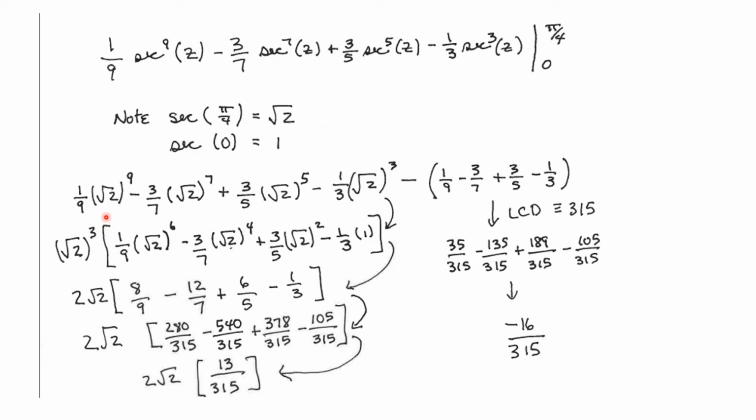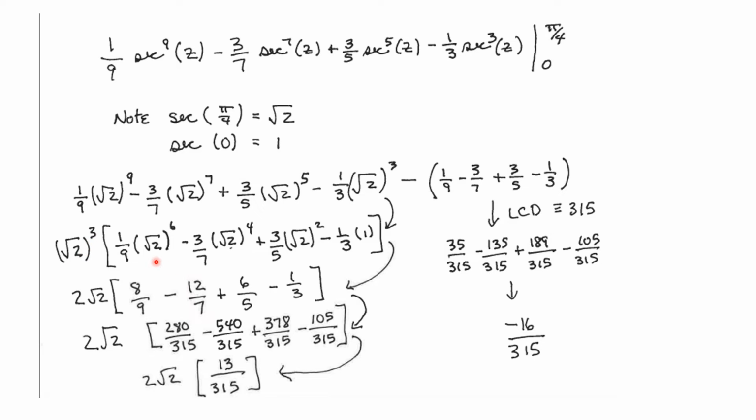Now on this, in class, I did respond that what you should do is factor out the square root of 2 cubed from this expression, and that's what I did here, because all of these terms do include the square root of 2 raised to the 3rd power. So I factor it out, and then I will have, on the outside of this bracket, the square root of 2 raised to the 3rd power.